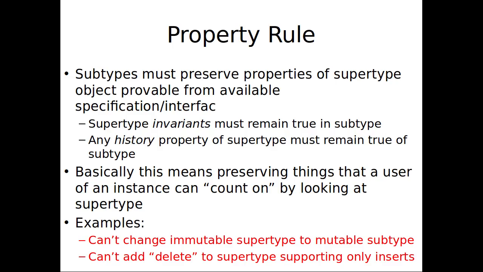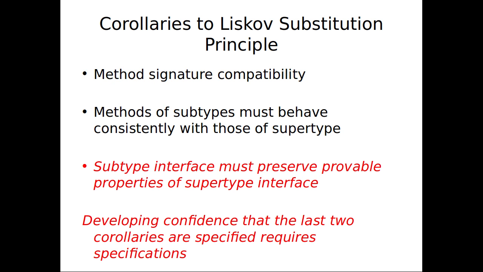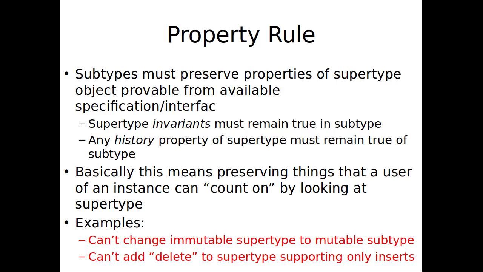But a history property is something that if you look at time 1 and time 2, they should be the same, right? And the point here is that with these properties in the third criteria here, these provable properties, these are things that go beyond any one method. It's about the collective behavior of a bunch of different methods.